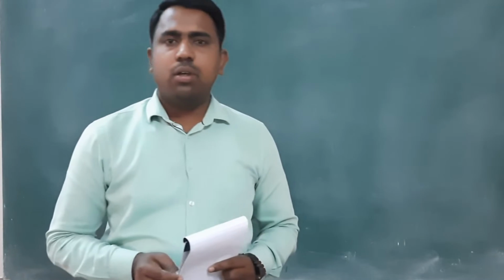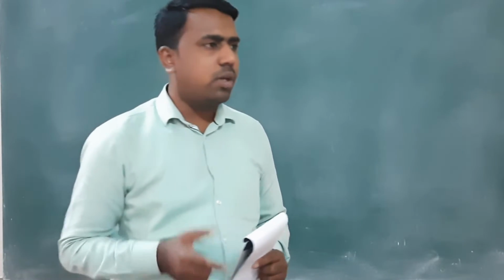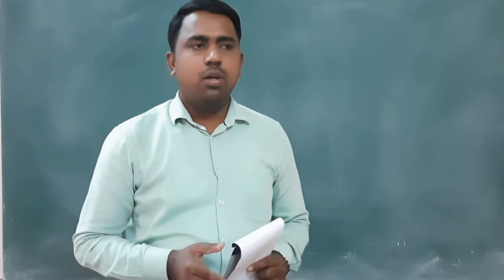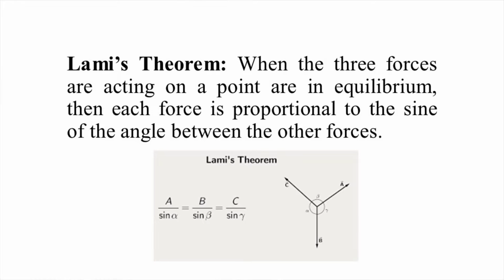To find out the forces acting on the jib and the tie theoretically, we are using Lami's theorem. Lami's theorem states that when three forces acting on a point are in equilibrium, then each force is proportional to the sine of the angle between the other two forces.